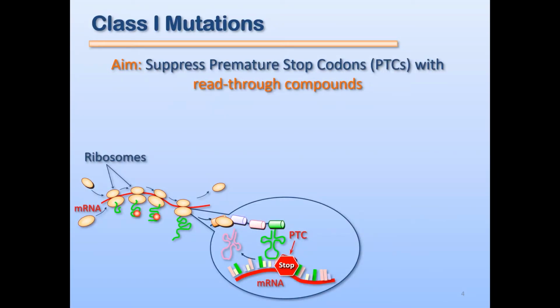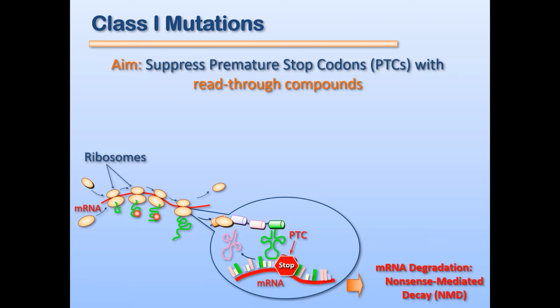So mutations in this class actually lead to a premature stop codon or termination codon, in short PTC. So these mutations lead to the introduction of this PTC, so that when messenger RNA is being read by these protein machines, which we call ribosomes, they actually stop in a premature way, leading to the production of a truncated protein.